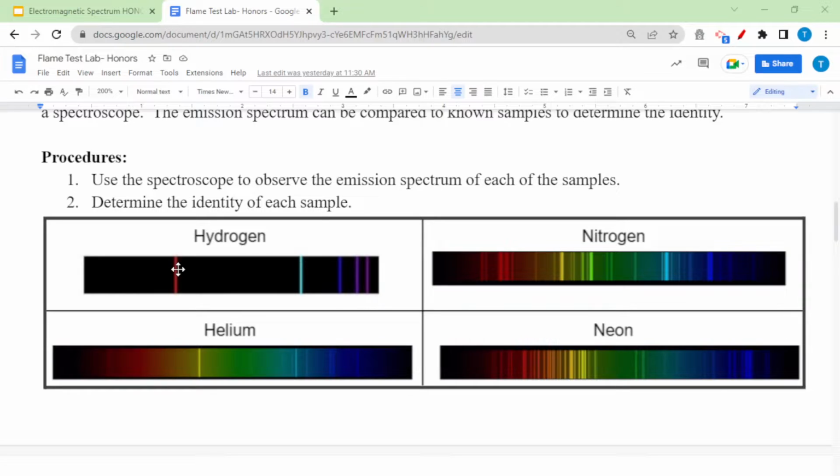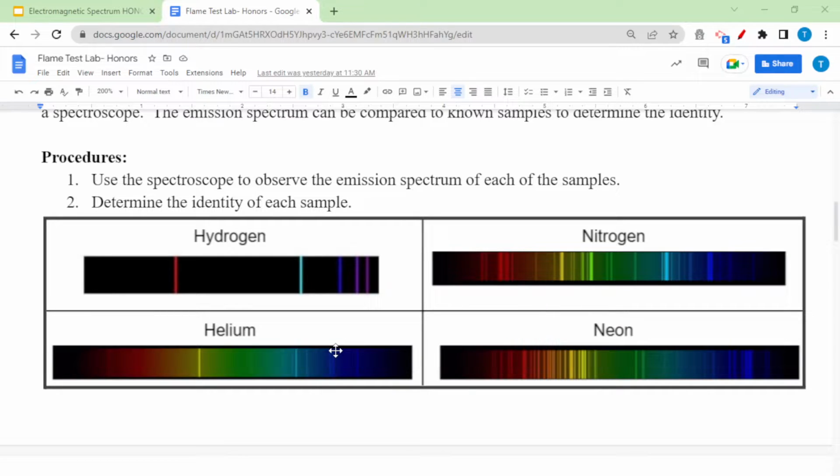So once you separate the light produced by hydrogen gas when it's excited with electricity, you get this. You get a red, a light blue, dark blue, and then a couple purple frequencies. Nitrogen obviously looks different than neon and helium, so they all have an individual, unique spectrum.